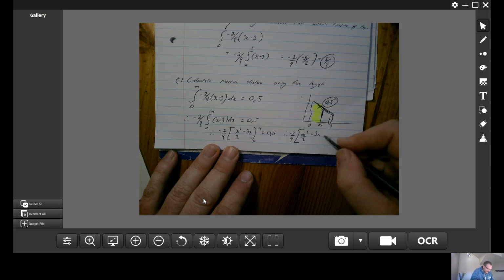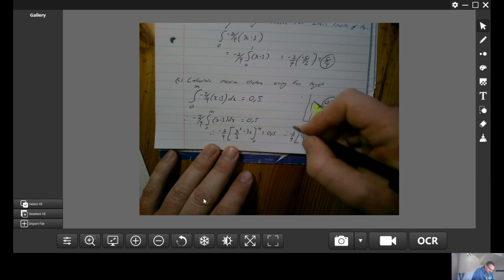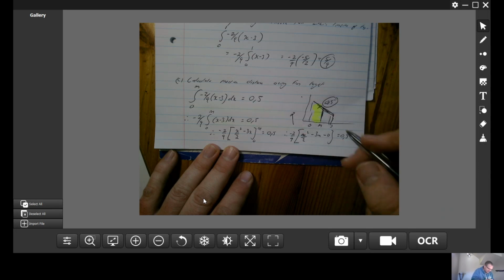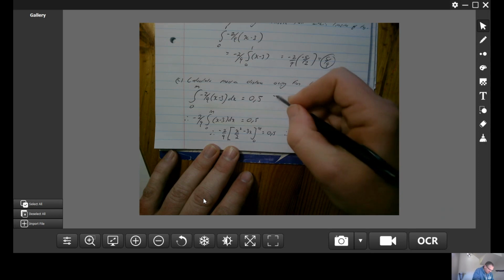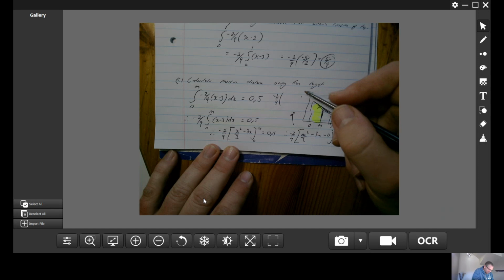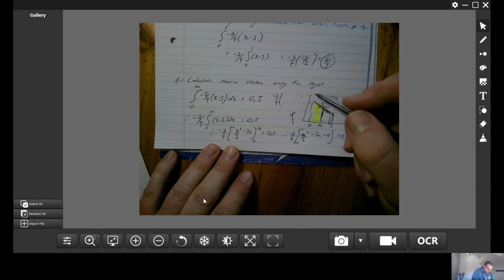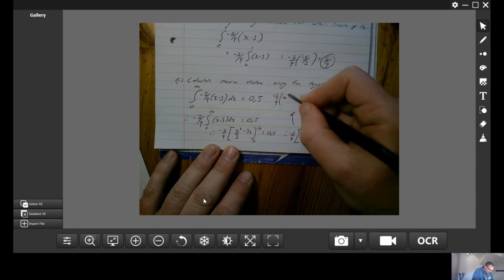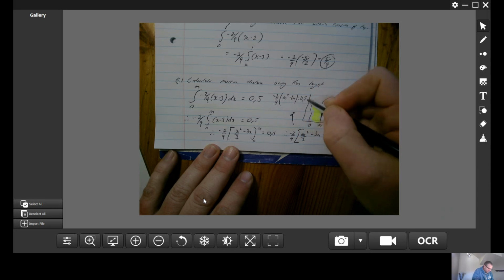If I sub in 0, it just becomes minus 0, and that must be equal to 0,5. So I get negative 2/9 times m squared over 2 minus 3m is equal to 0,5.